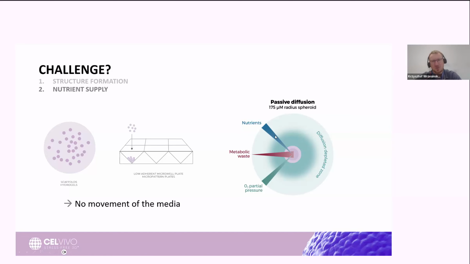This zone will be replenished by movement of components in the media, but because this movement is only passive, that will take some time. This is actually a limiting factor for creating models using the static system, and it also limits the physiological relevance of such models.